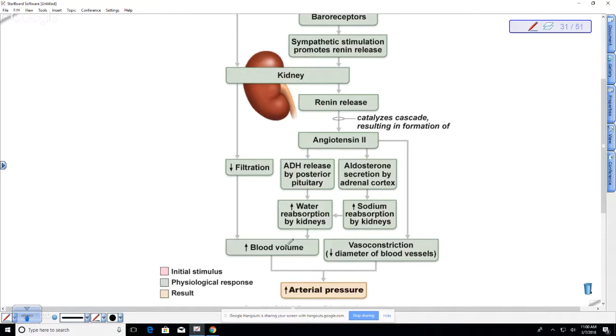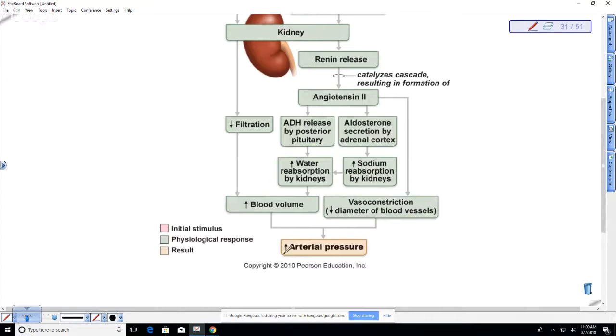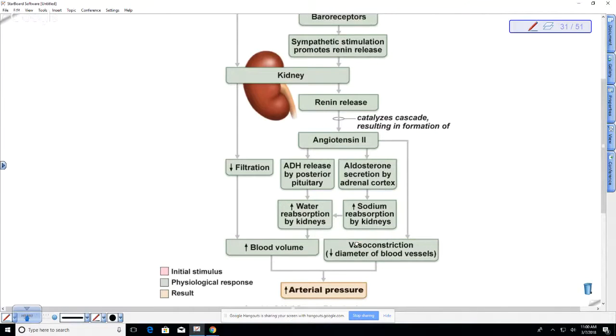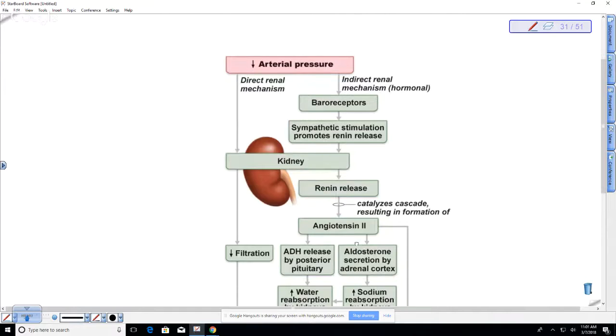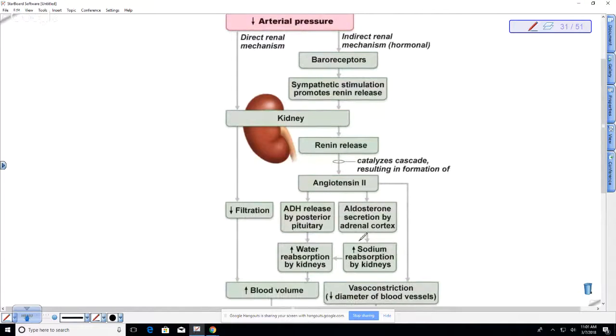And these both cause the blood volume and vasoconstriction to happen. So that increases your arterial pressure. And so this is what is referred to as the renin angiotensinogen aldosterone mechanism of maintaining blood pressure.